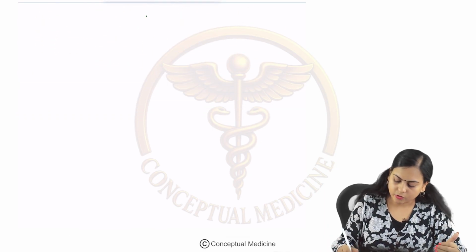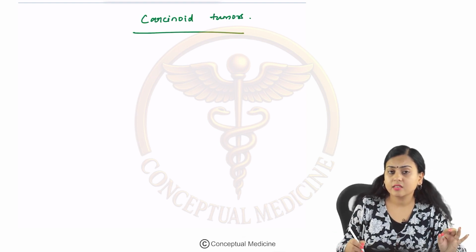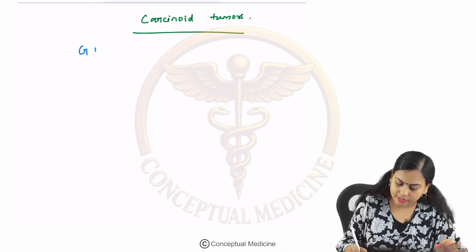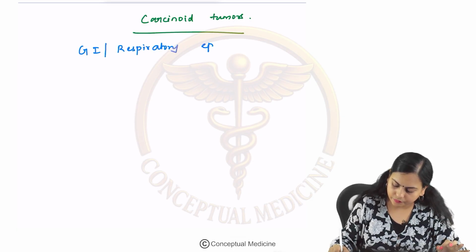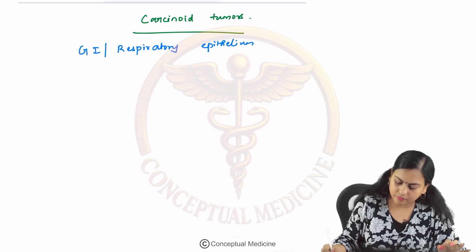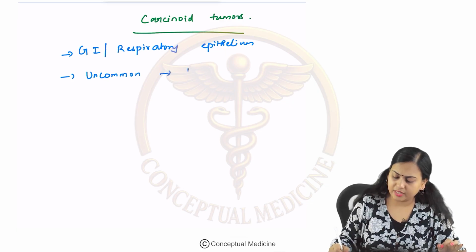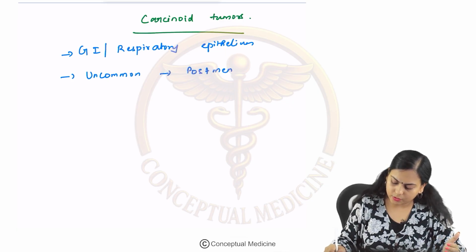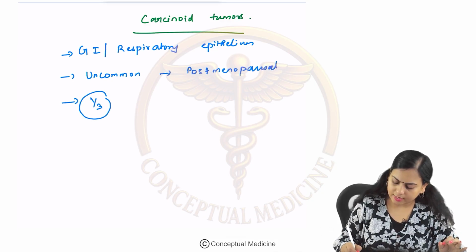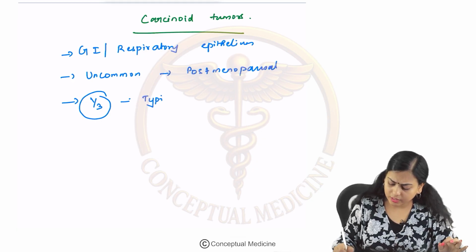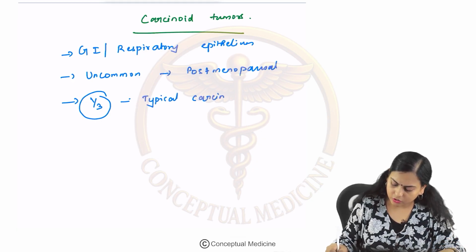Next we are going to discuss carcinoid tumors. Primary ovarian carcinoid tumors arise in association with gastrointestinal or respiratory epithelium. This is actually an uncommon type of tumor, can be seen in the post-menopausal age group, and 1/3 of these cases will be presenting with typical carcinoid syndrome.